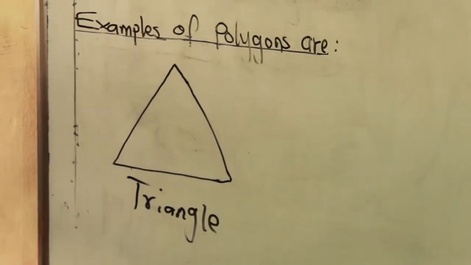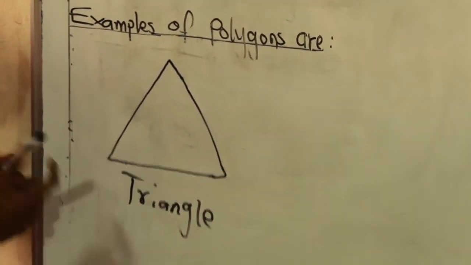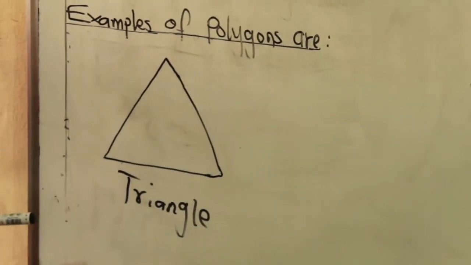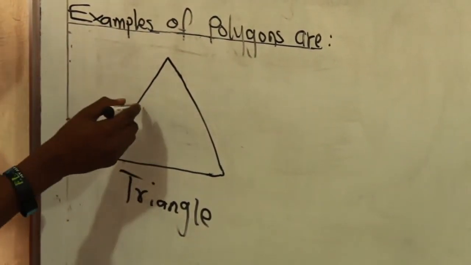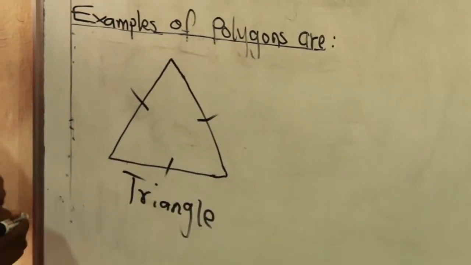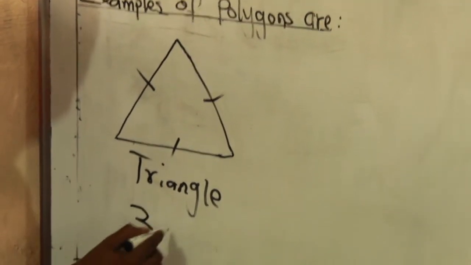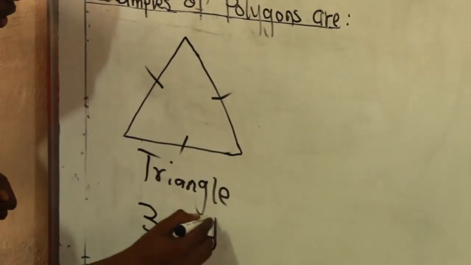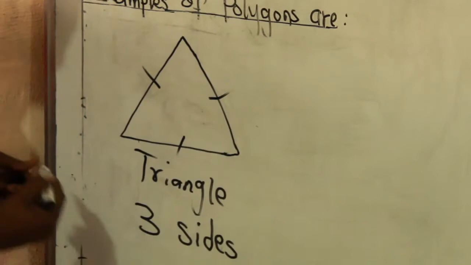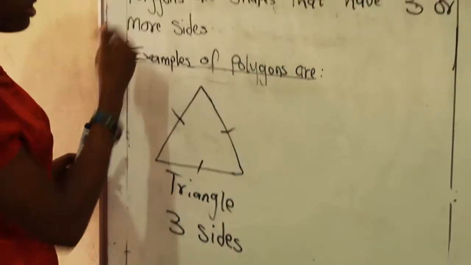Why? Because it has sides. So now let's count how many sides a triangle has. 1, 2, 3. So a triangle has 3 sides. And it is an example of polygons.